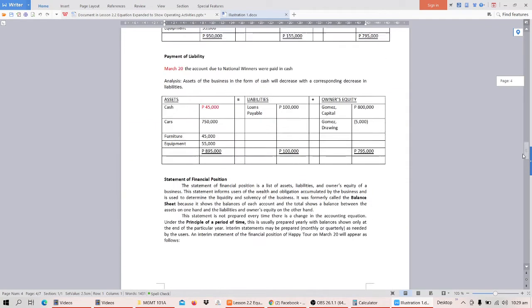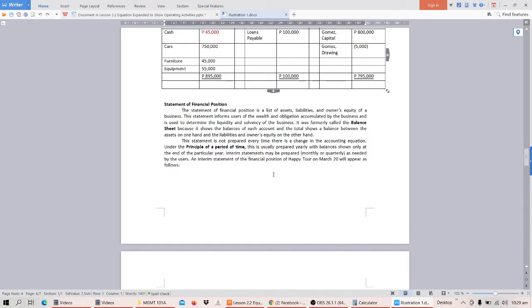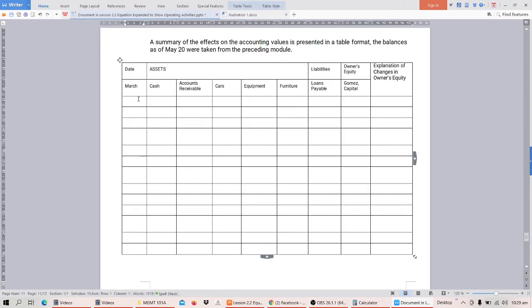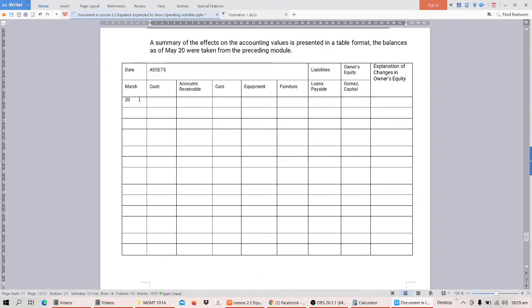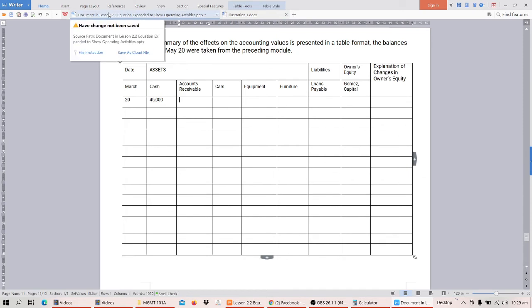Here, the cash on March 20 is 45,000. We don't have accounts receivable.